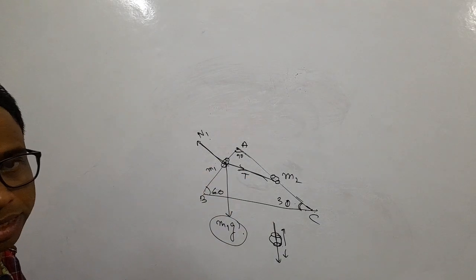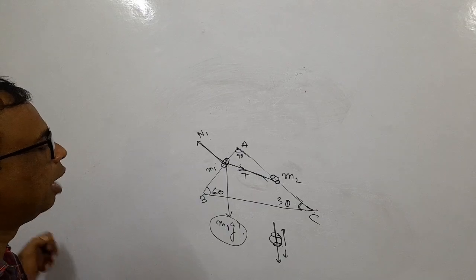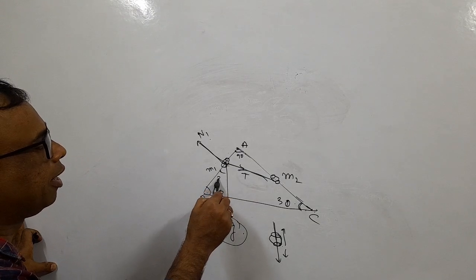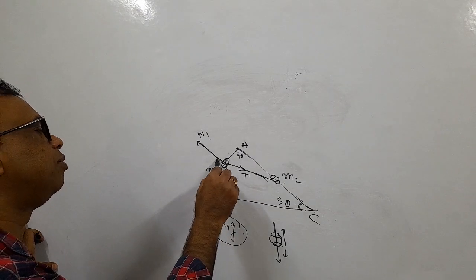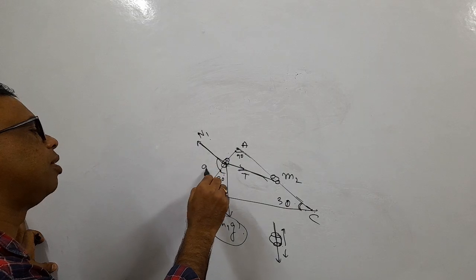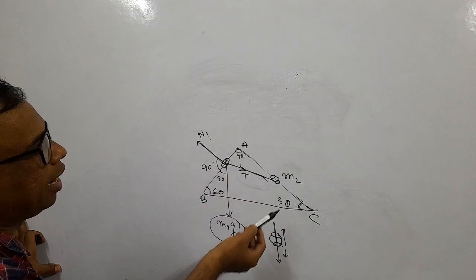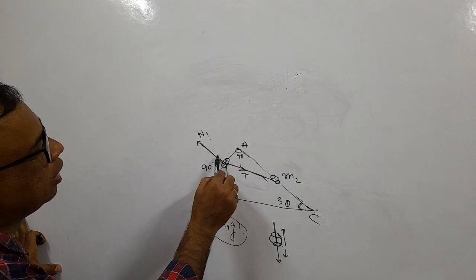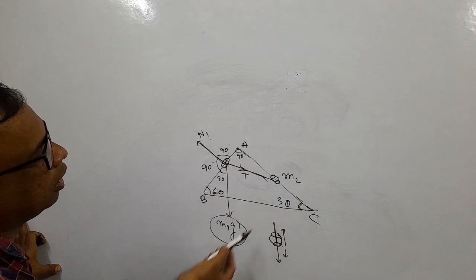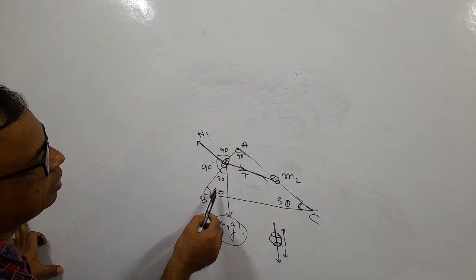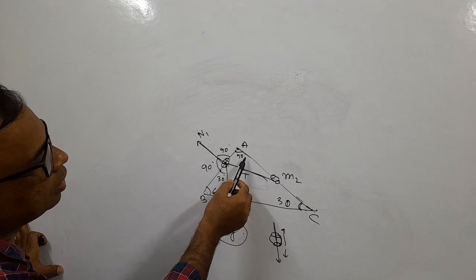What will be the angles? I will give you some tips. About angle 60, this will be 30. And this is 90 because it is normal reaction. The tension angle is also 90. So this is 60, 30, this is 90, 90.